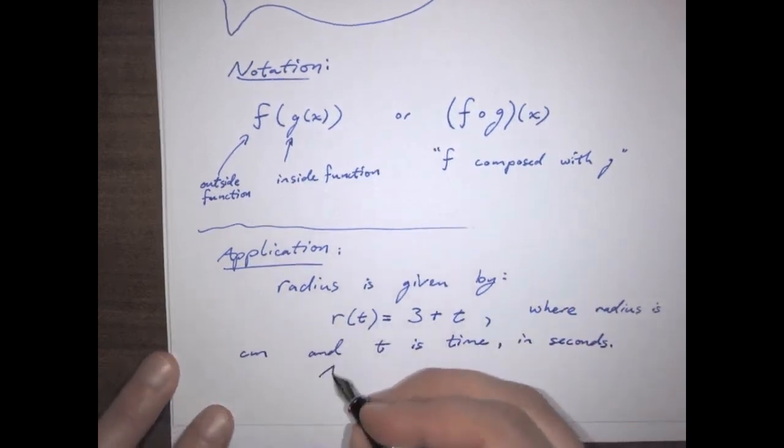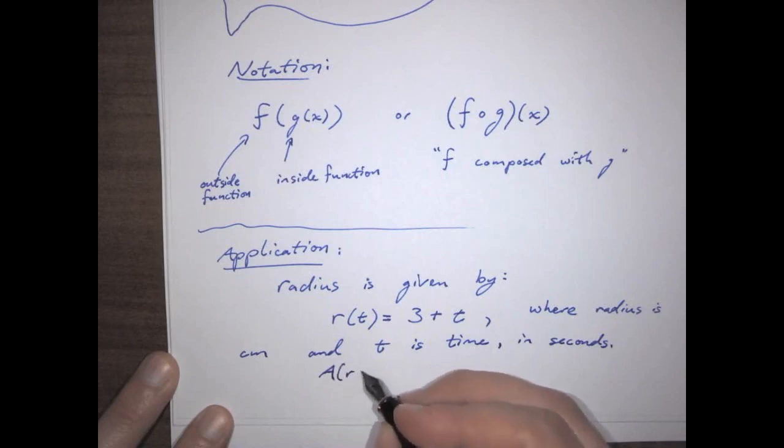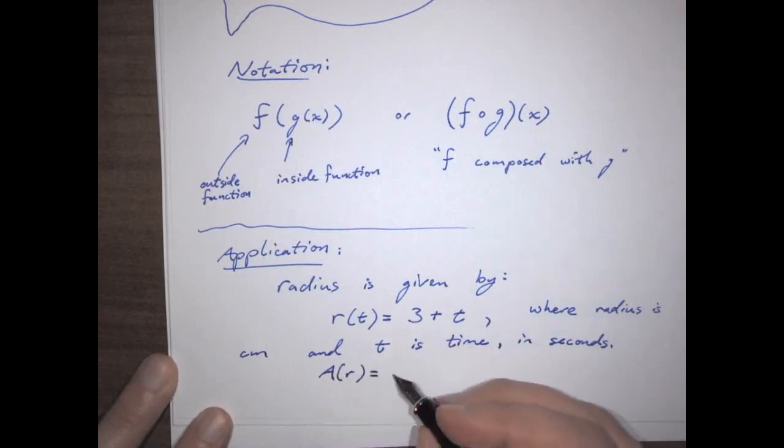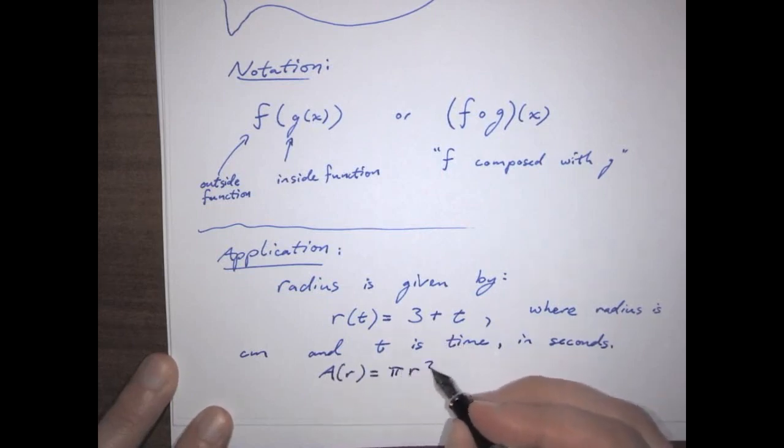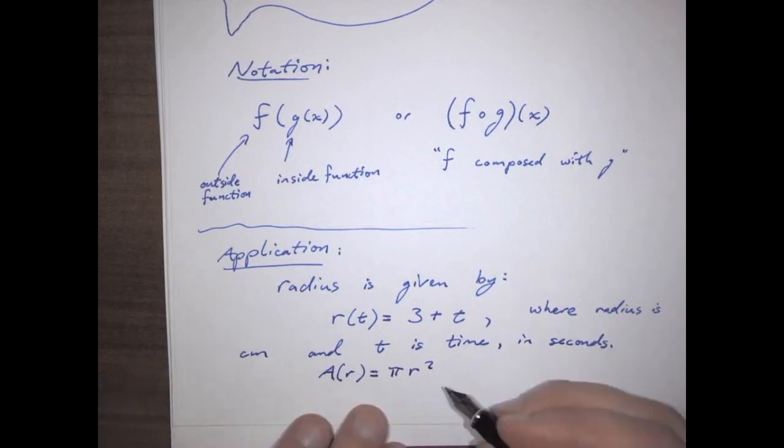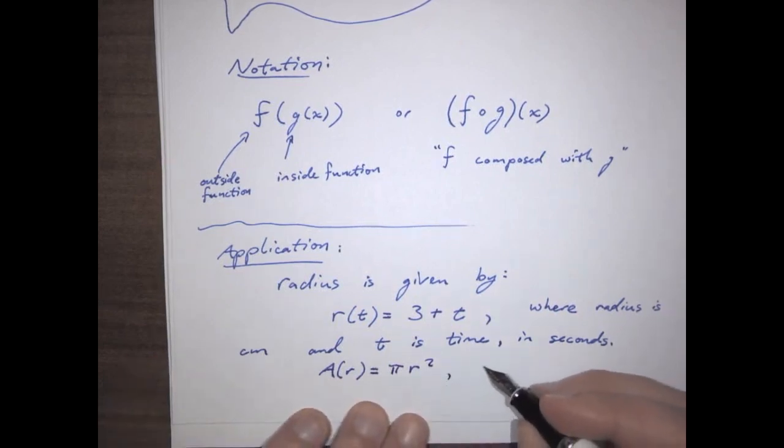Then a of r, which is equal to pi r squared, a famous formula, let's say that this gives the area of a circle of radius r.